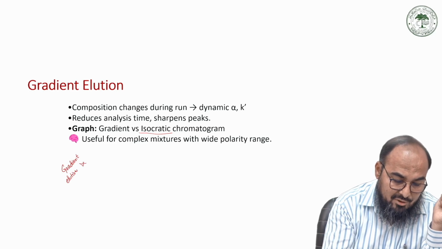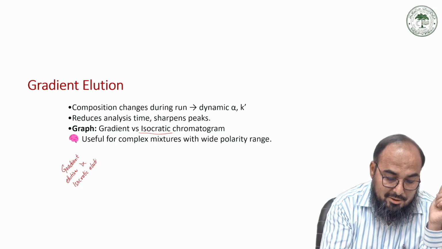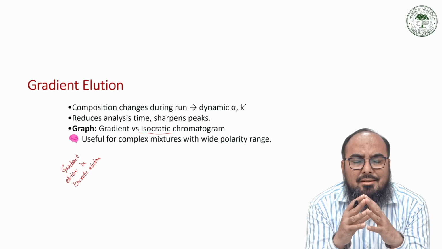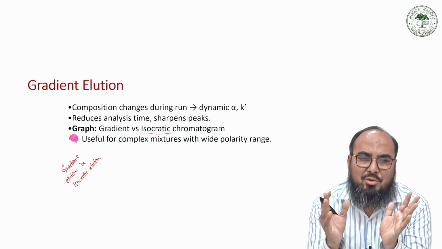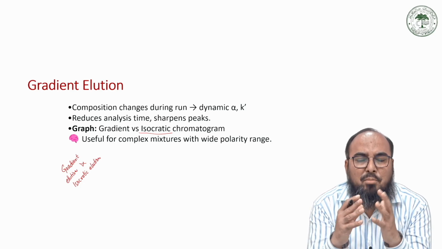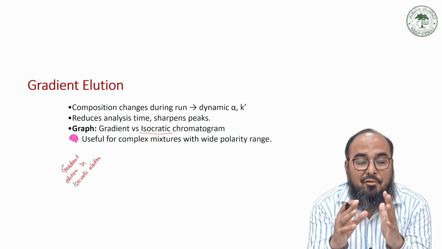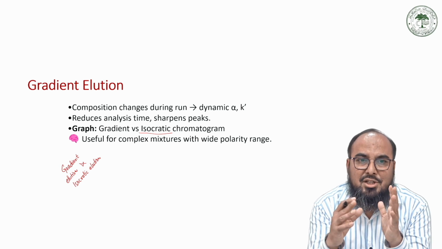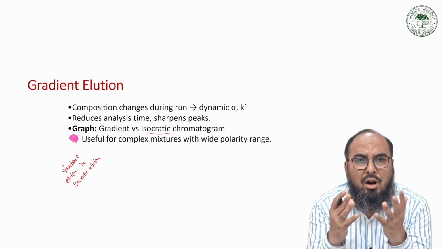As the name suggests, isocratic elution is that elution in which we are using the same concentration of mobile phase throughout. There is no gradient with regard to change in polarity, size, or any other property. While in gradient elution, we change certain properties to have a better or optimized elution of different components through a column.